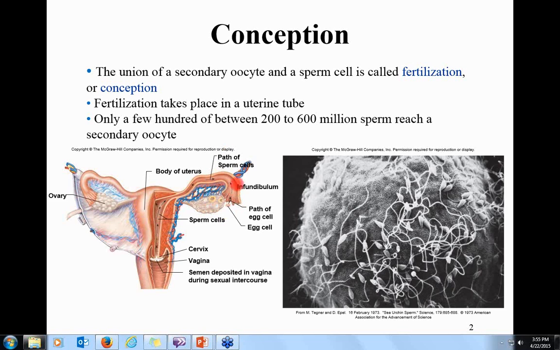So remember, the egg is released into the uterine tube, and the sperm have to swim up through the vagina, which is slightly acidic, and into the uterus, and then half will go one way and half will go the other. And there's all sorts of mucus and the female's cells, her immune system, interfering. But a few hundred lucky sperm should make it to meet the egg, or the secondary oocyte, in the uterine tube.